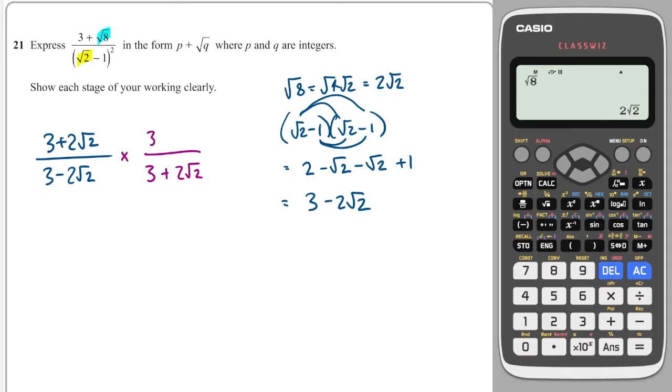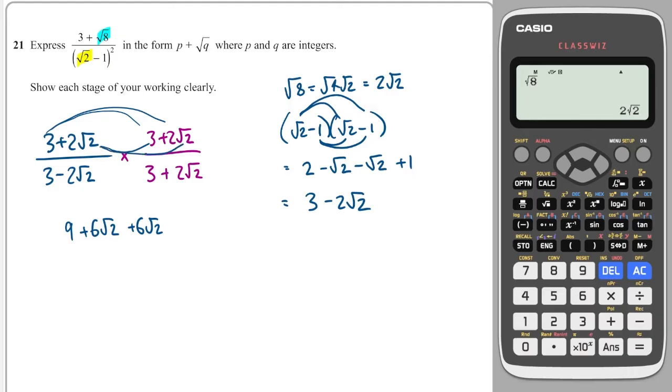And I'll need to do that to both the top and the bottom in order to get my correct expression. Okay, so let's do this. So it's, 3 times 3 is 9. 3 times 2 root 2 is 6 root 2. And going back the other way, I will get, again, another 6 root 2.